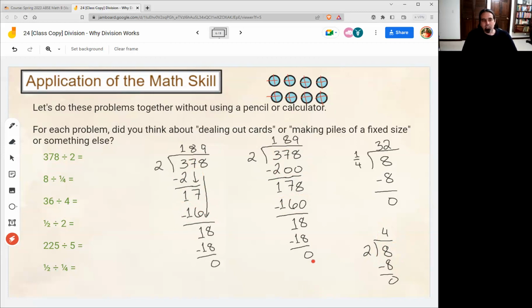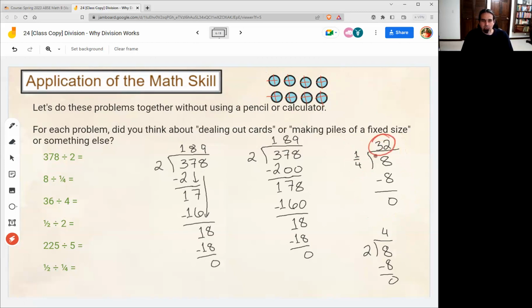With fractions, it's the same thing. I have 8 cupcakes, blue cupcakes. I want to give each kid at the birthday party a quarter of a cupcake because they're small and that's all they get. How many kids can I give? 1, 2, 3, 4, 5, 6, 7, 8, 9, 10, 11, 12. Go all the way through. There'll be 32 little pieces. I can write that as long division, but it doesn't help.